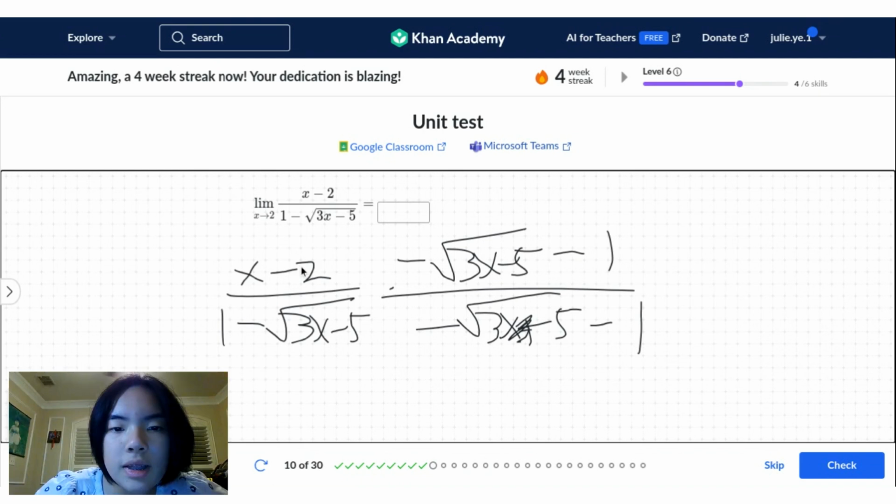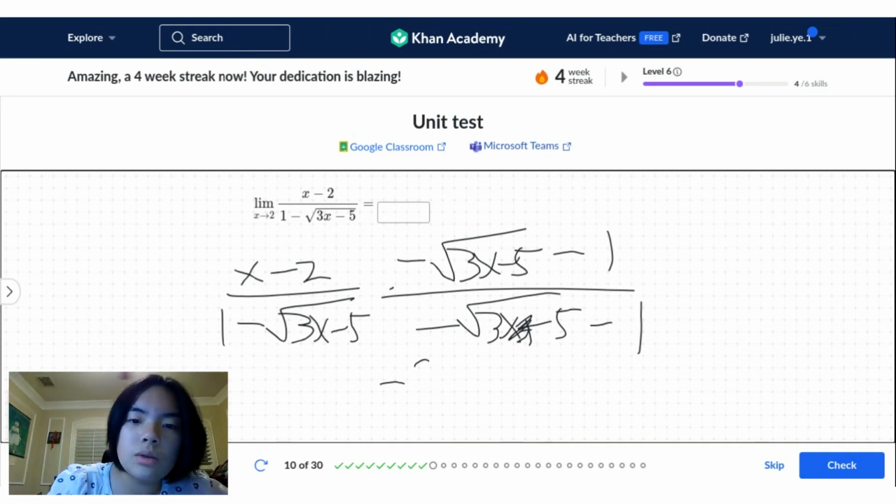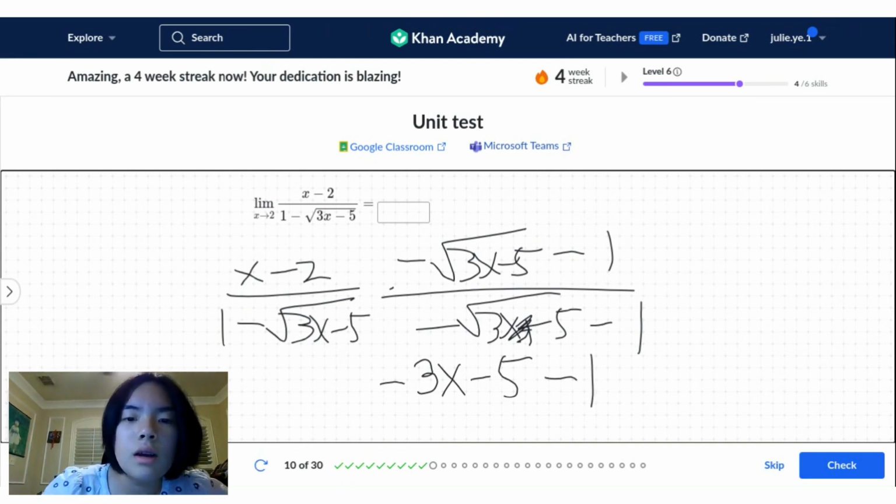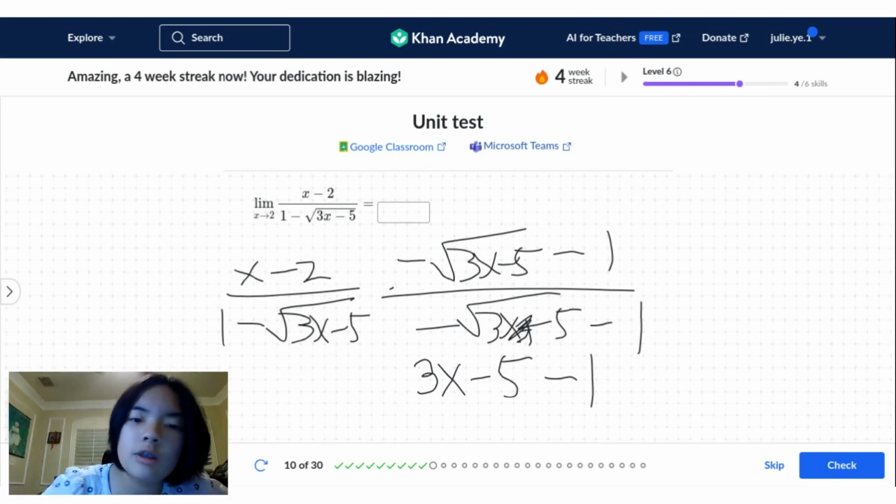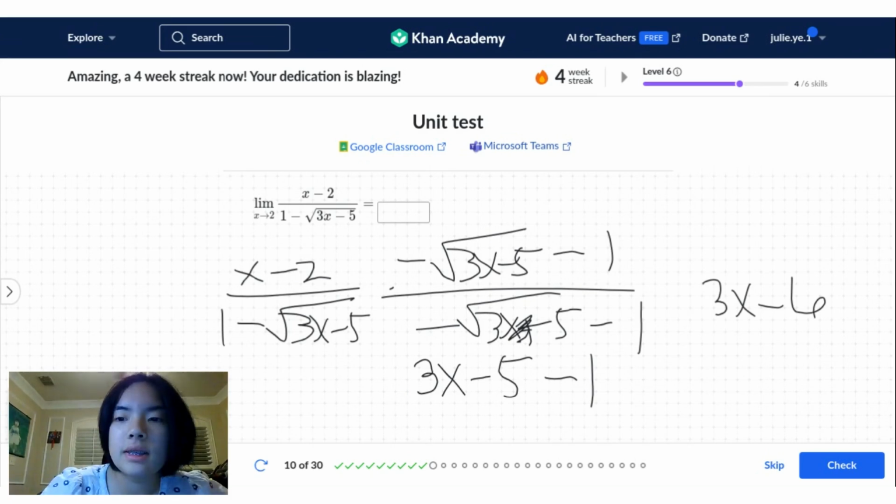If you multiply the top, 1 minus 5... this will just equal negative 3x minus 5, and 1 times negative 1 is just negative 1. Sorry about that, this one is positive. Minus 1, it will be 3x minus 6, which is just 3 times (x minus 2).